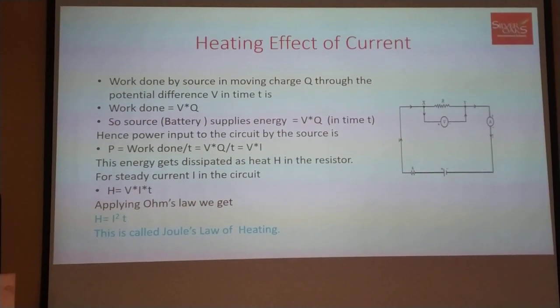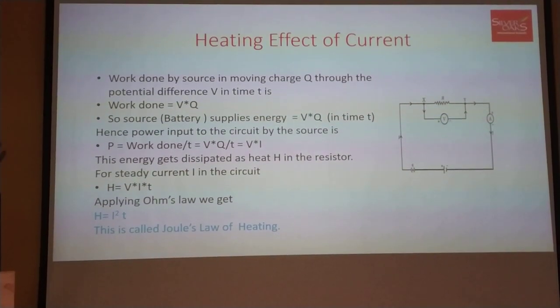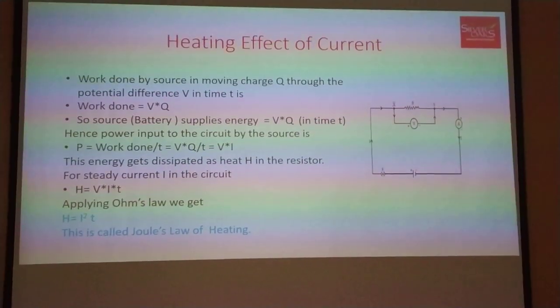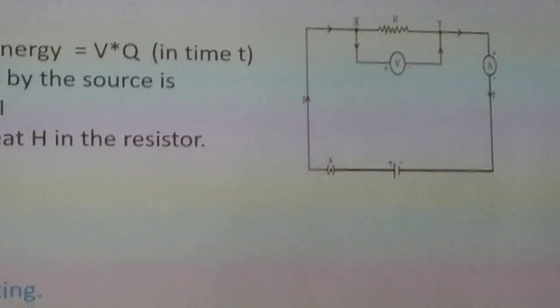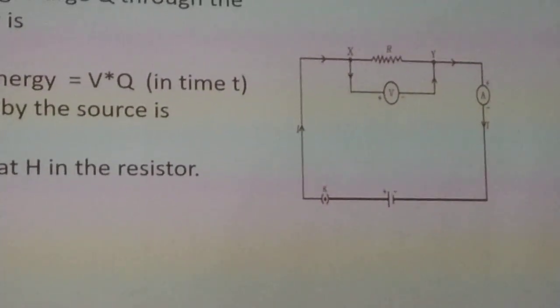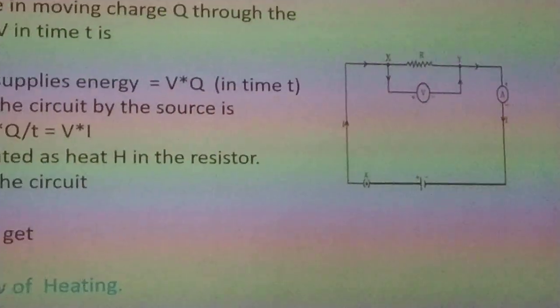The battery will be pushing a charge Q through the circuit. That means the battery is doing work, because if you recall, what is the potential difference? Potential difference is work done in moving a unit charge across the two points.